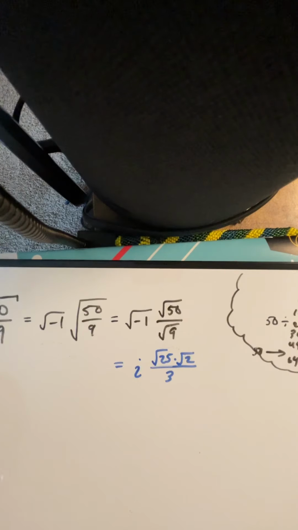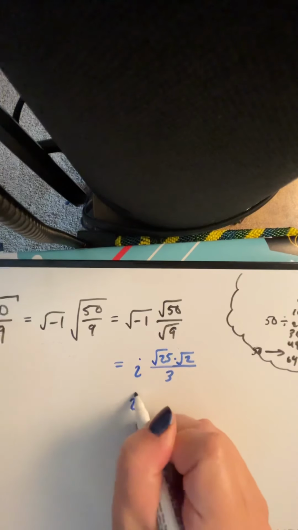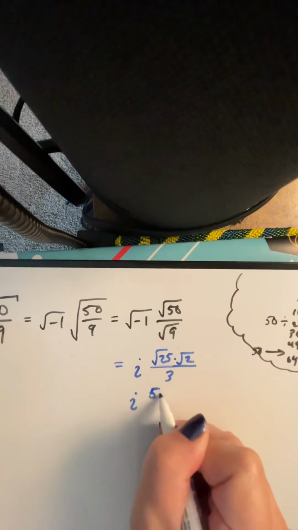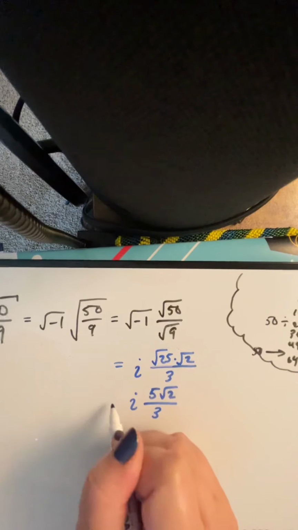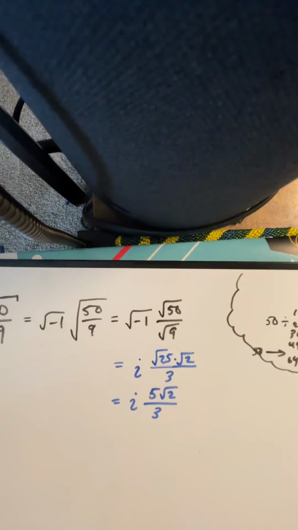So from there, I can now evaluate the square root of 25. So I have i, square root of 25 is 5, square root of 2 still there, and then all over 3. So this is our answer.